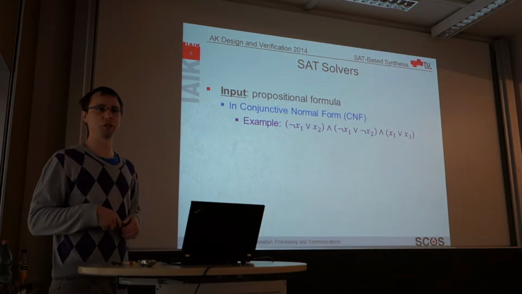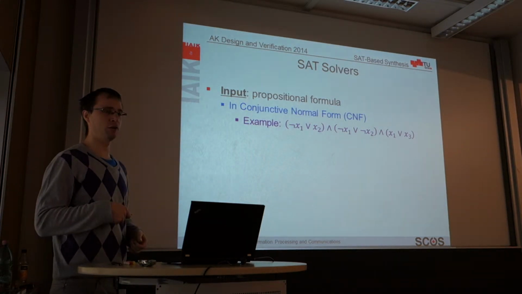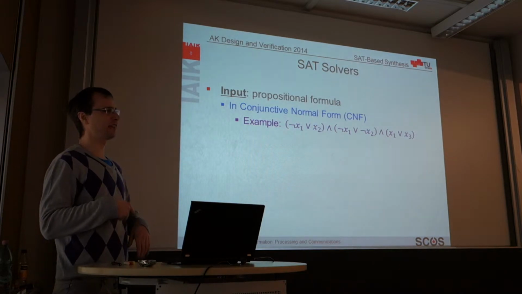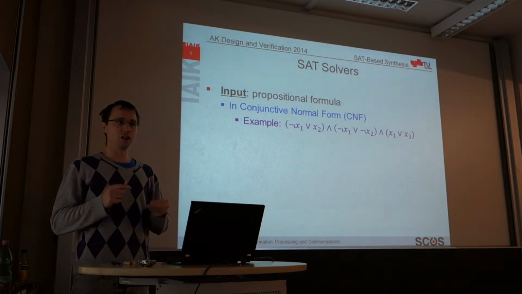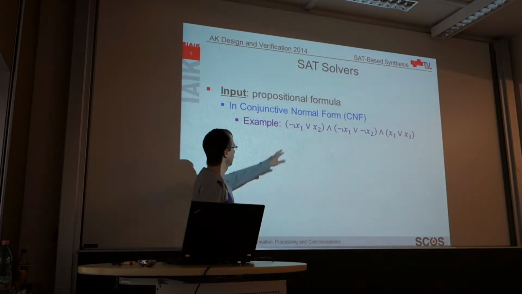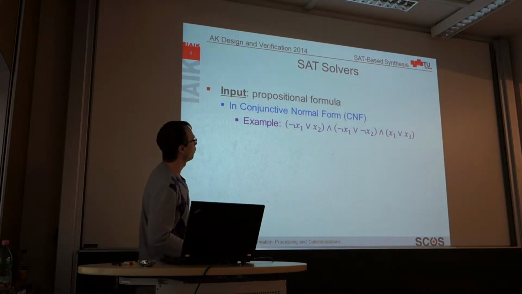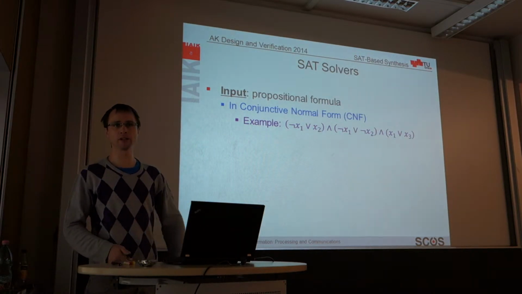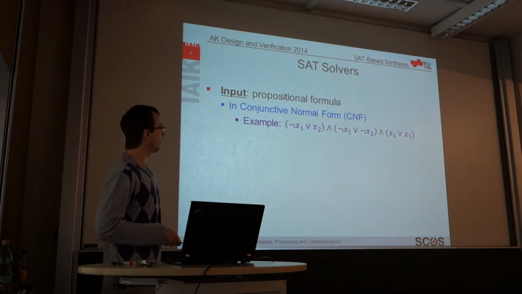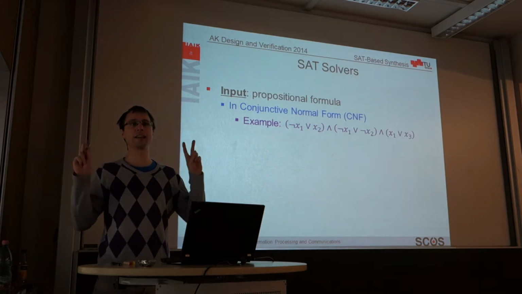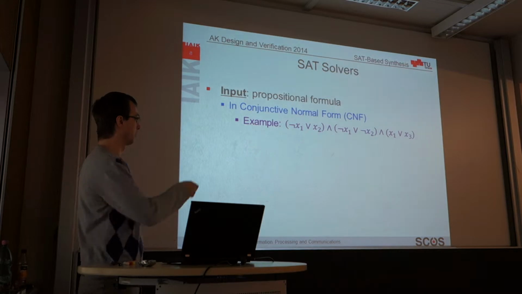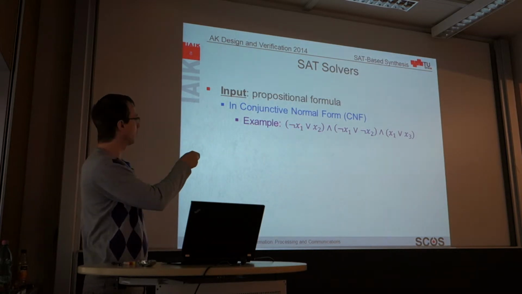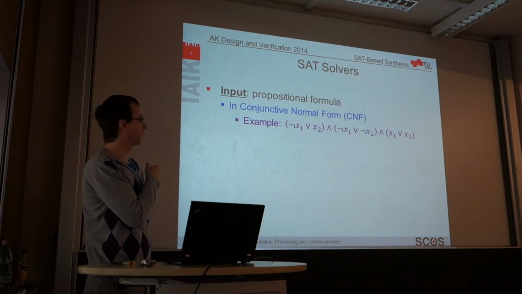Just to repeat a little bit of terminology, because this may also be helpful for you to understand documentation of CUDD and so on for the exercises. Usually, we have variables. In our case, they are named x1 to x3. They are all Boolean, so they can be just true or false. Then we usually say a literal is either a variable or the negation of a variable. So x1 would be a literal and also not x1 would be a literal.